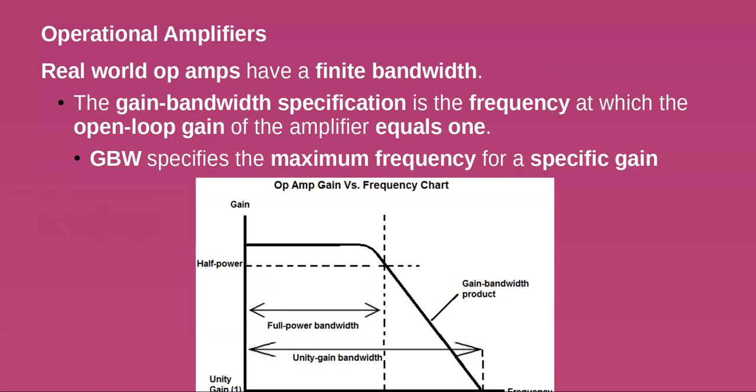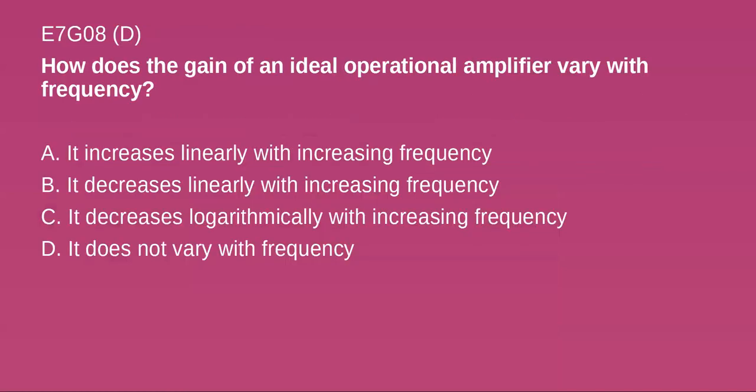Below that is basically a constant gain, regardless of the frequency. Once you get to the half power point, you're going down at, I don't know if it's 6 dB per octave or not. Yeah, the frequency is starting to.